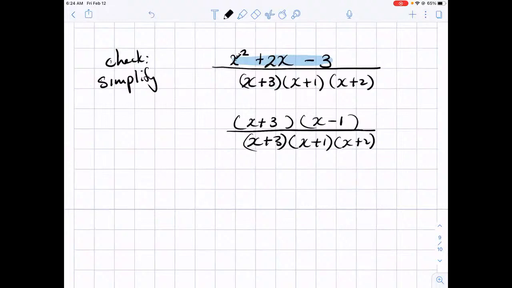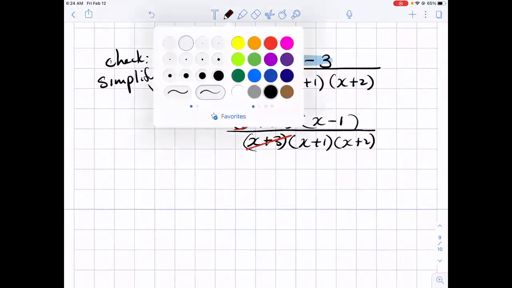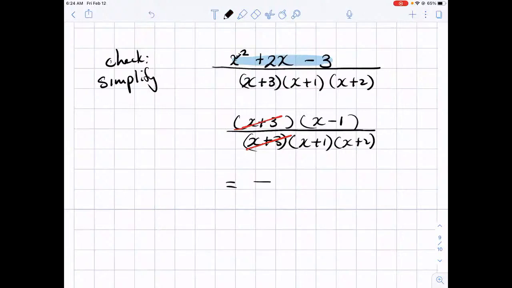And now we look for same items that can be cancelled. So notice that there is an x plus 3 and an x plus 3 here. So finally we have x plus 1 times x plus 2, and in the numerator we have an x minus 1 left. So this is our simplified answer.